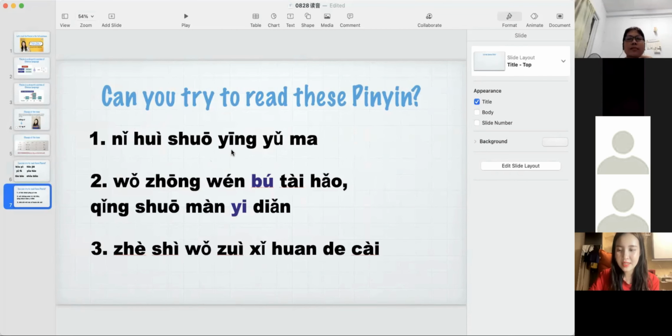Can you read them in sentence? I can try. 你会说英语吗？Yes. And the second? 我中文不太好，请说慢一点。Yes.